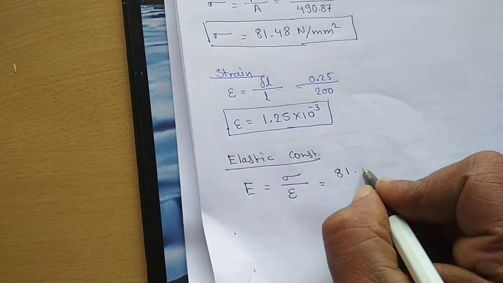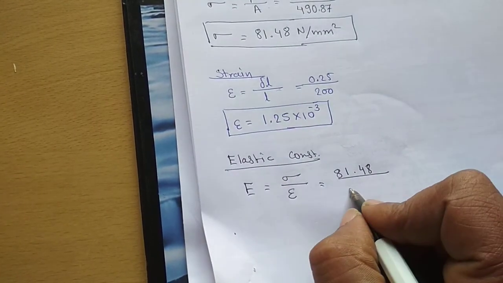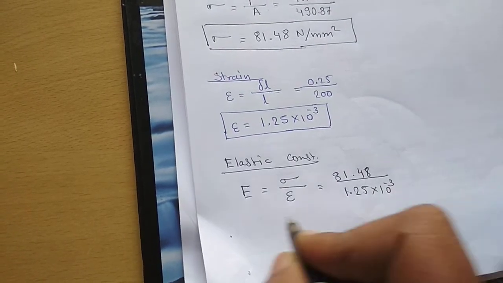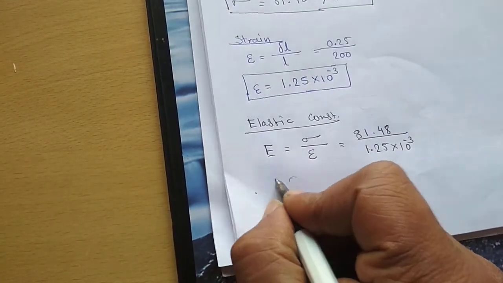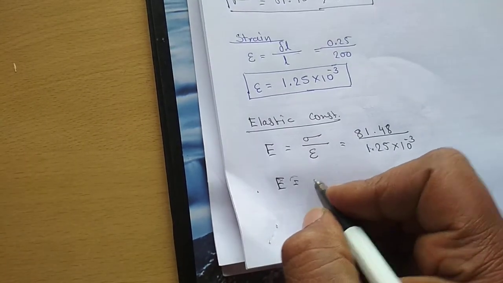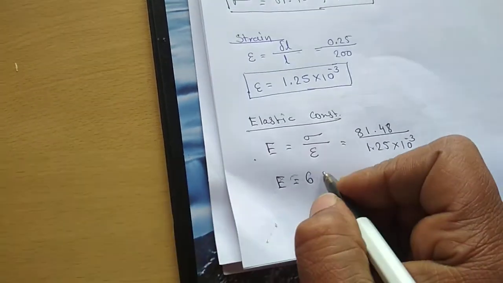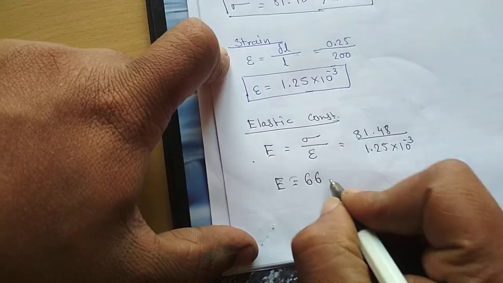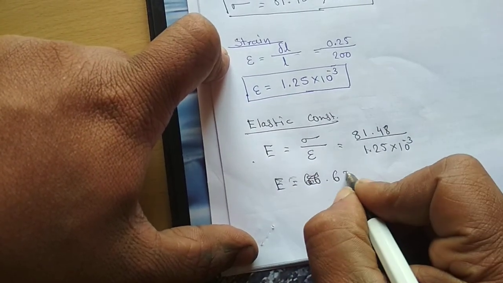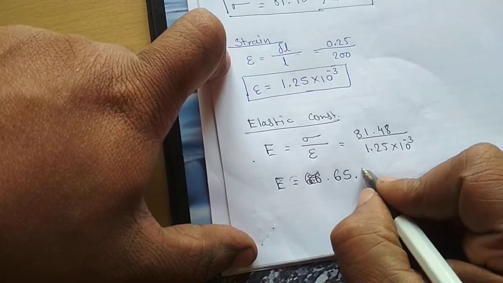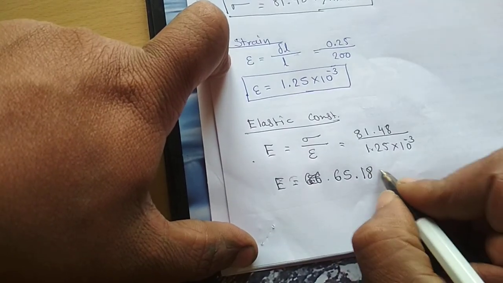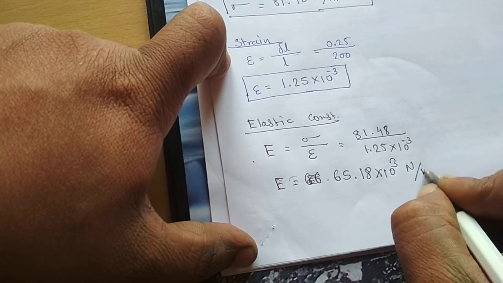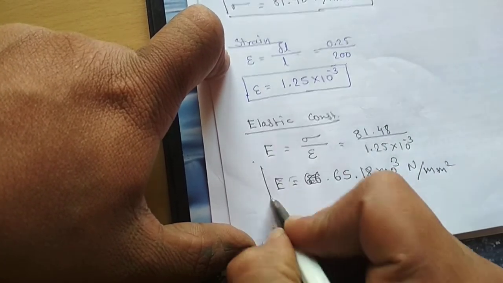That is 81.48, and what is strain? 1.25 into 10 raised to minus 3. So Young's modulus we will get, after calculating that, is 65.18 into 10 raised to 3 Newton per mm square.